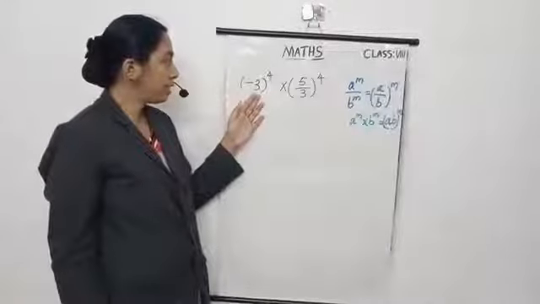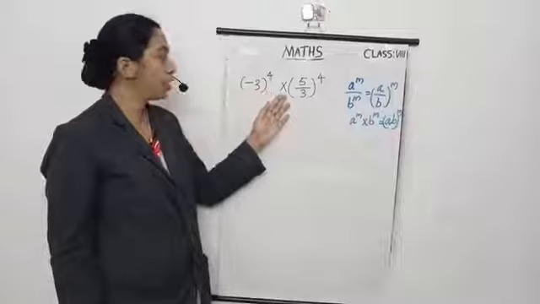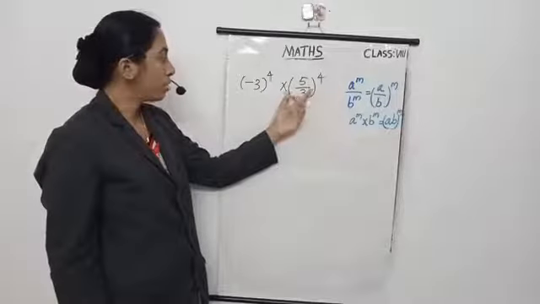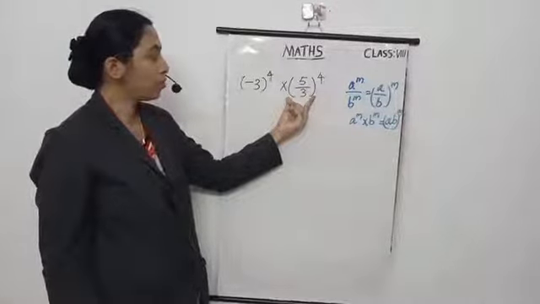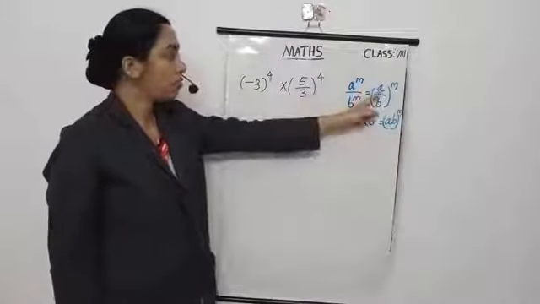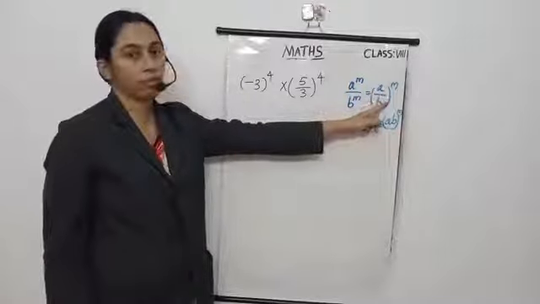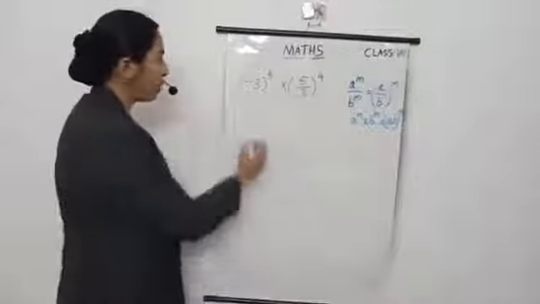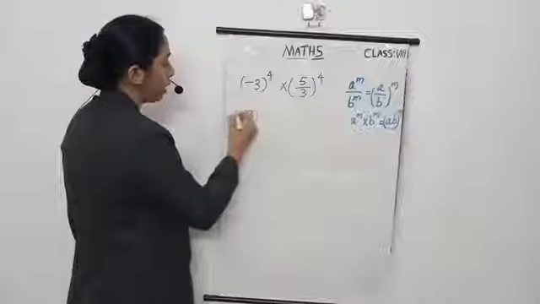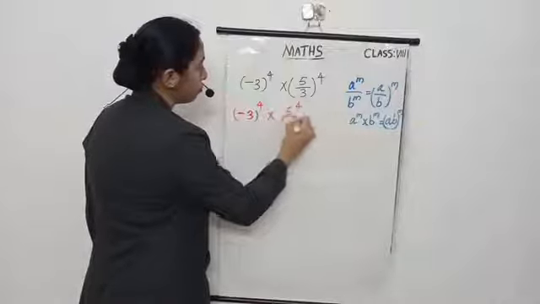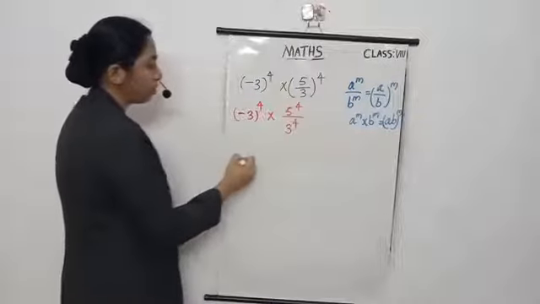Next question, minus 3 raised to 4 into 5 by 3 all raised to 4. So here 5 by 3 raised to 4. First split this. This is in the form a by b all raised to m. So we write like a raised to m by b raised to m. So this is equal to minus 3 all raised to 4 into 5 raised to 4 by 3 raised to 4.